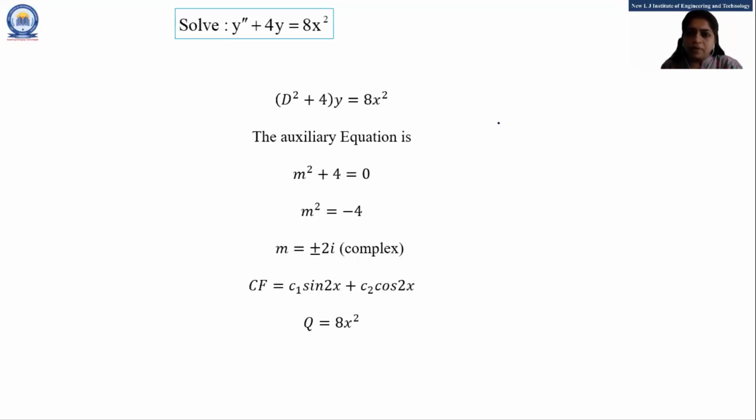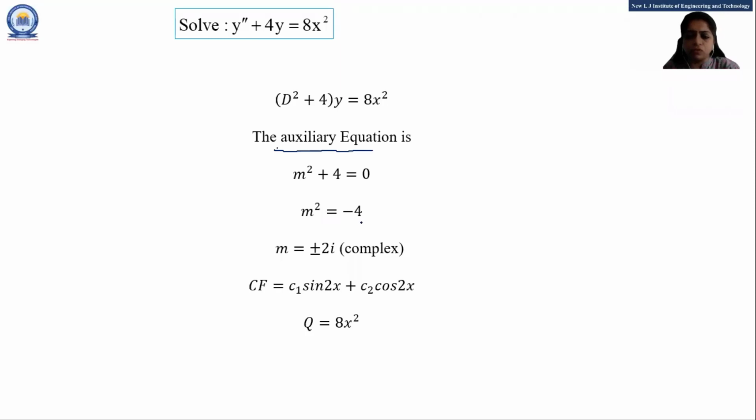One is the complementary function, other is the particular integral. So for the complementary function, let's start. D square plus 4 into y is equal to 8x square. So the auxiliary equation is what, students? M square plus 4 equal to 0, right? We replace capital D by m.